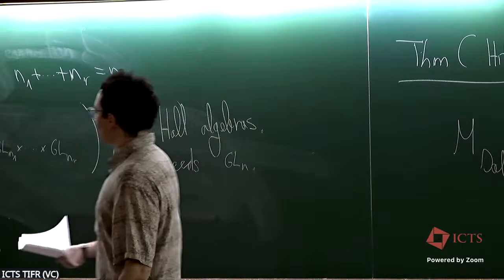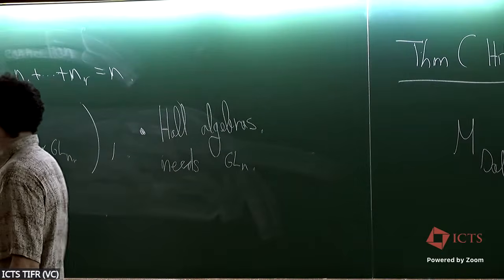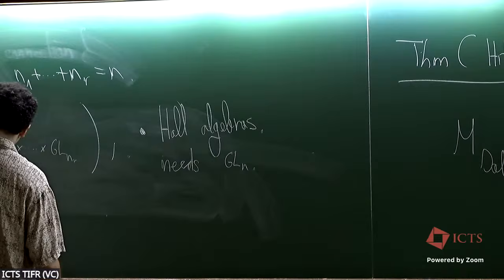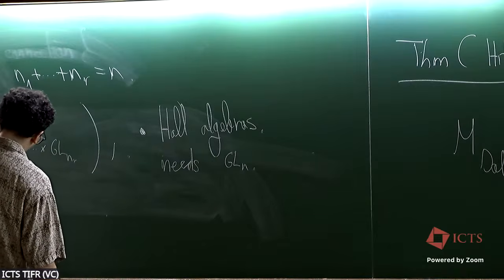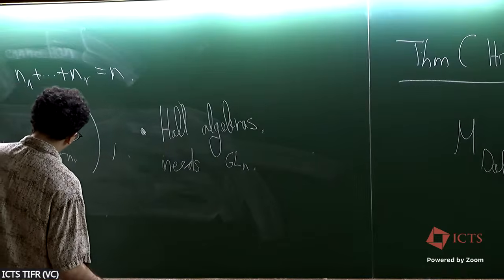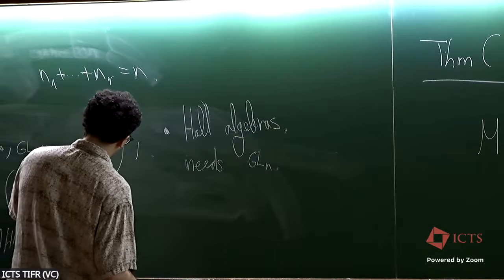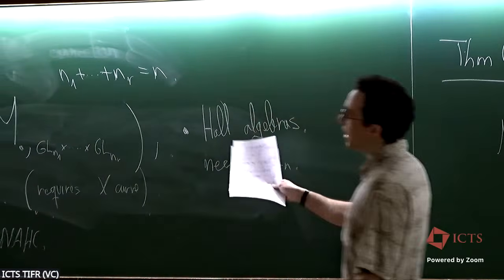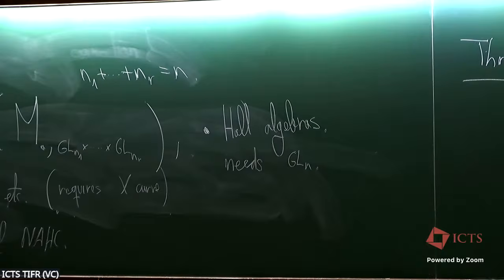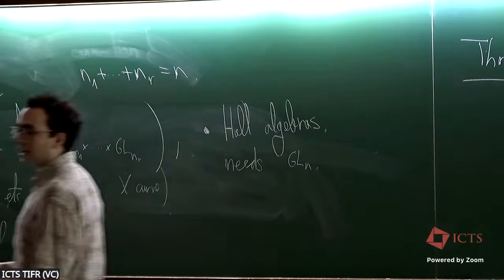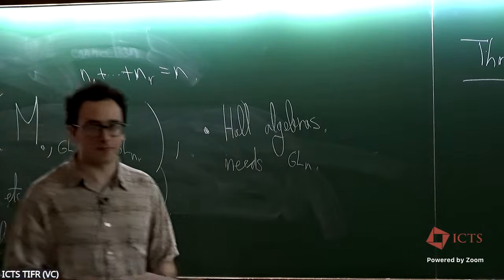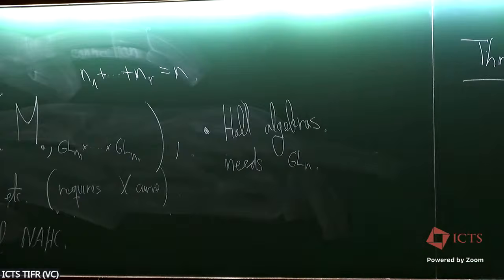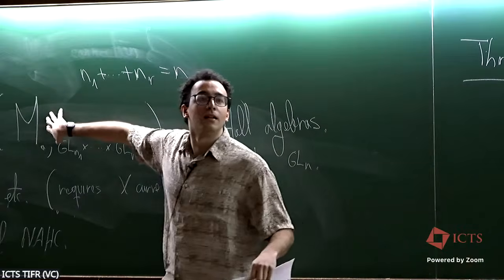And then this BPS cohomology really requires X to be a curve. So basically, it's really, really hard to generalize this method of proof beyond the GLN case and beyond the curve case. Yeah? This is the moduli space. Yeah.